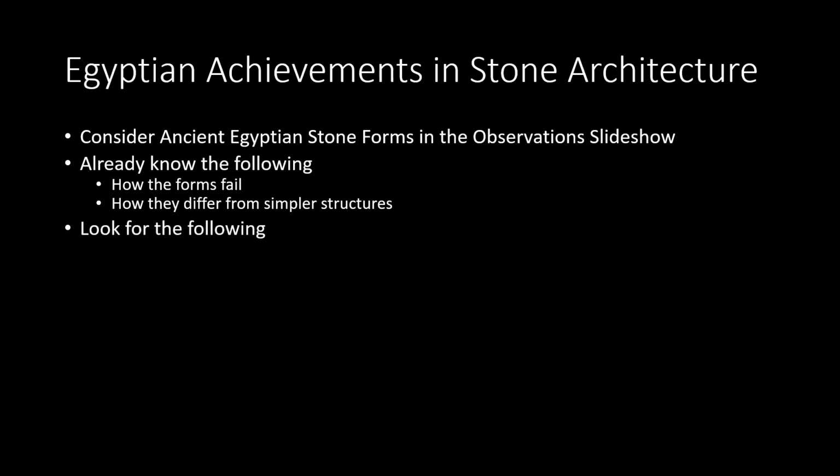So as you're going through your observations, look for the following. Specific improvements to the materials or the structures. Now, when talking about the materials, think about what the Egyptians used for their stone structures, which had to be improved on over what was available for simpler stone structures.